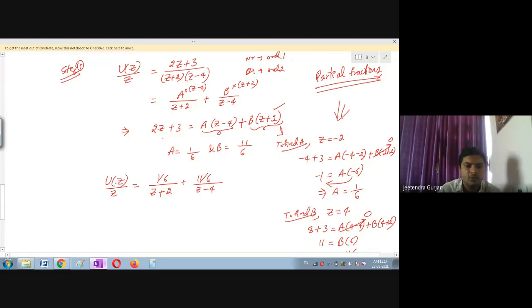So therefore this is U of z divided by z we have calculated, students. From this I will get this by using partial fraction. So please remember, all these things you have to do in partial fraction. Next step must be U of z divided by z is equal to 1 upon 6 divided by z plus 2 plus 11 divided by 6 divided by z minus 4.